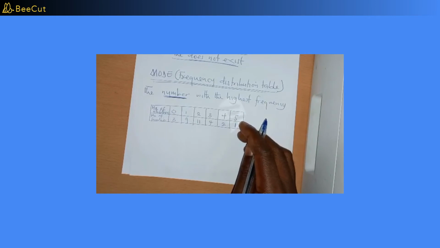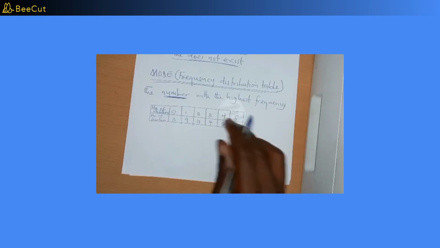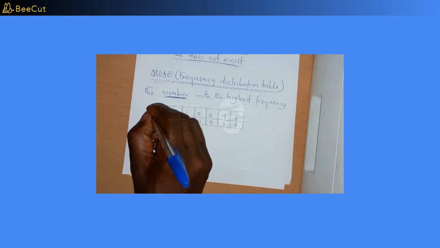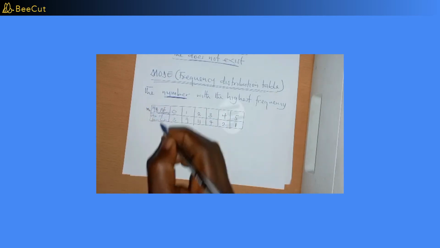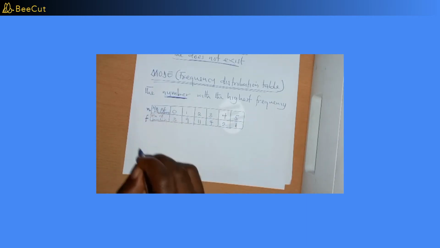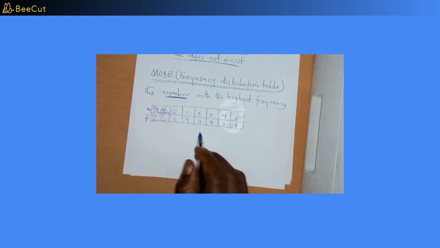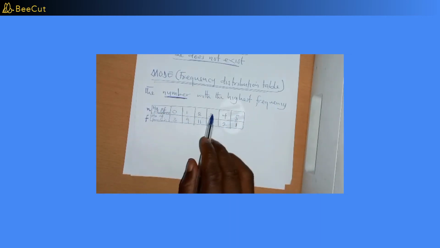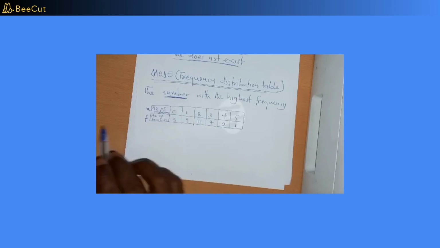If I want to find the mode of this distribution, remember the number of children represents our X, and the number of families represents our F. From the definition, the number with the highest frequency is 2.